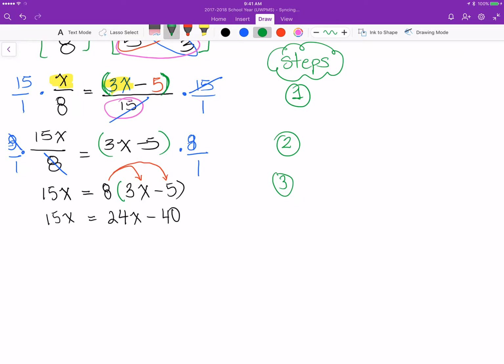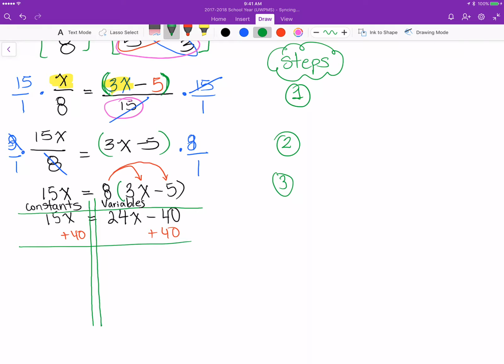And just for the sake of simplicity, because I want to keep my variables positive, like I mentioned in a few videos, I'm going to have my variables here and my constants here. Off we go. Plus 40. Plus 40.